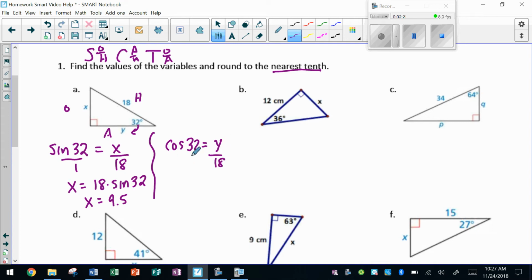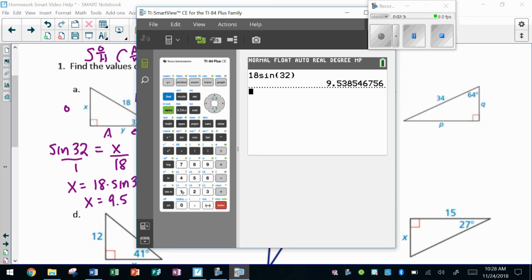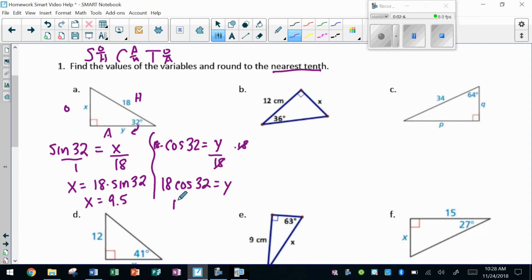If you put this over 1, or just multiply both sides by 18, so that the 18 cancels here, and then we get 18 times cosine 32 equals y. We go to the calculator, and once again 18 times the cosine of 32 gives us a side length of about 15.3, rounded to the nearest tenth. So 15.3 is equal to y.